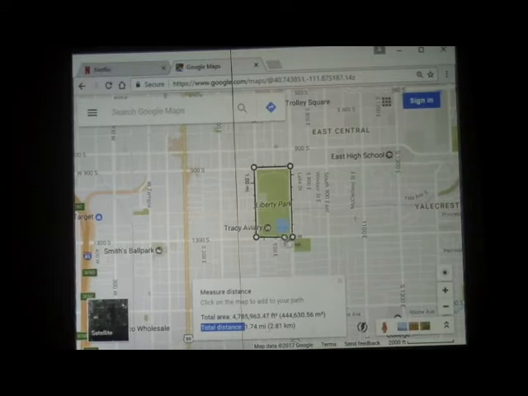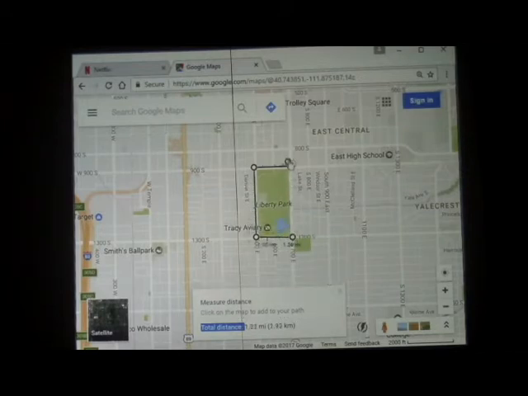Now, the way they found that was just by taking each side. Take this top, for example. That is only about 1,600 feet.